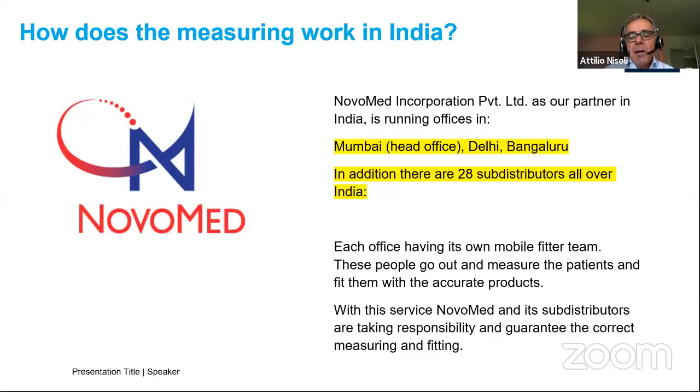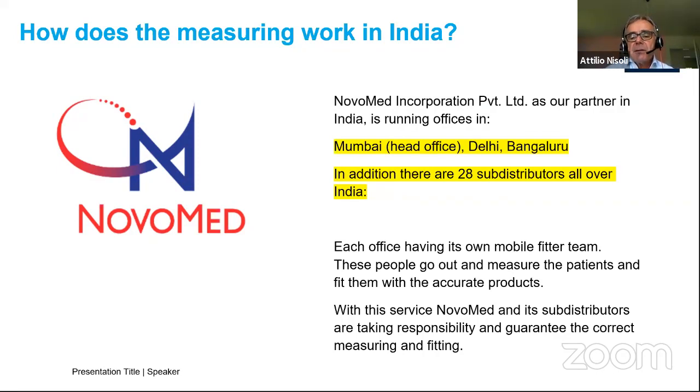And Novomed is running offices in Mumbai, where the head office is, but there's also Delhi and Bangalore, and in addition to these offices, they work together with 28 sub-distributors all over India. They are running the business.